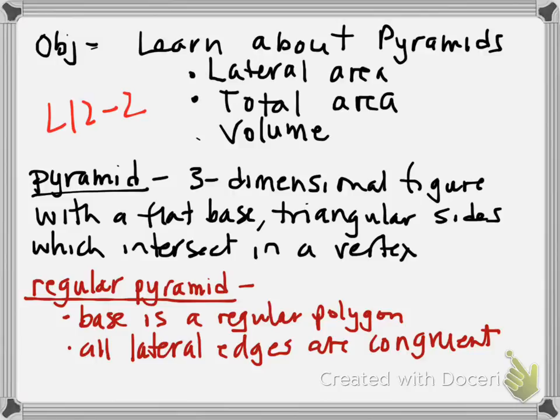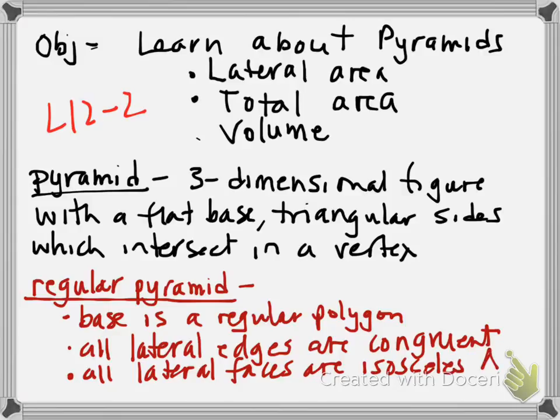The lateral faces are triangles, but if all the lateral edges are congruent, what kind of triangles do they have to be? Isosceles. So all lateral faces are isosceles triangles. Could they be equilateral? It is a possibility, but it's not a requirement.